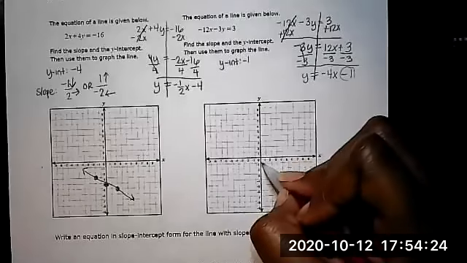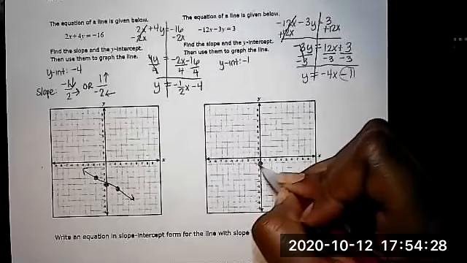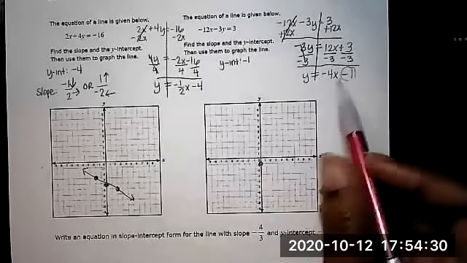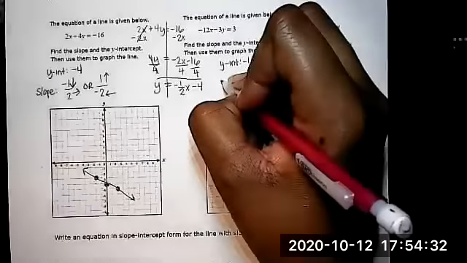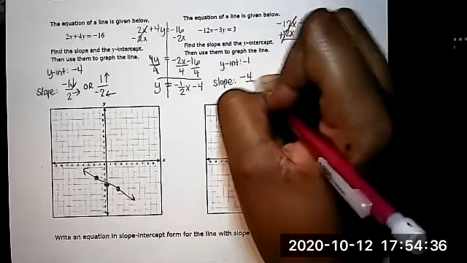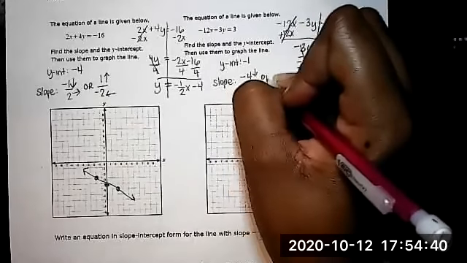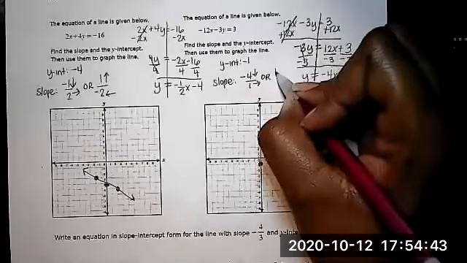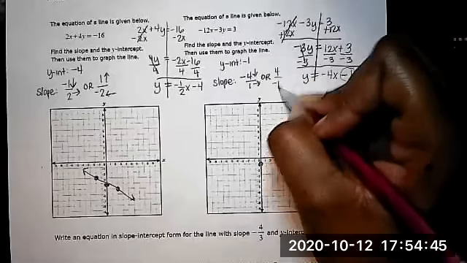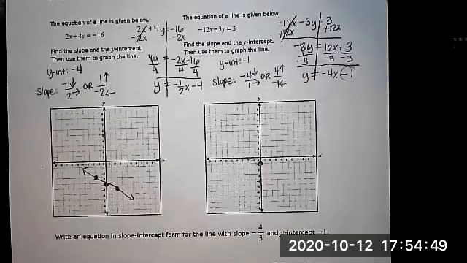So here on your y, at -1, I'm going to put that there. That's where you start when you're graphing. Your slope looks like it's -4. So slope, -4/1, down 4, right 1, or +4 over -1, up 4, left 1. Okay.